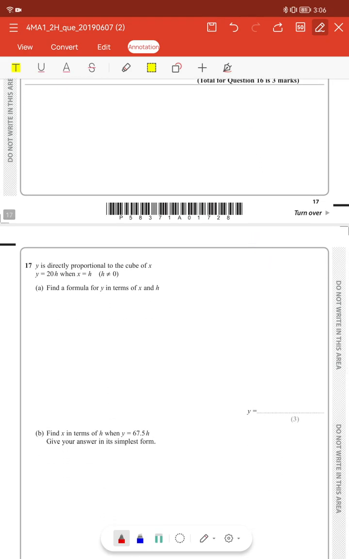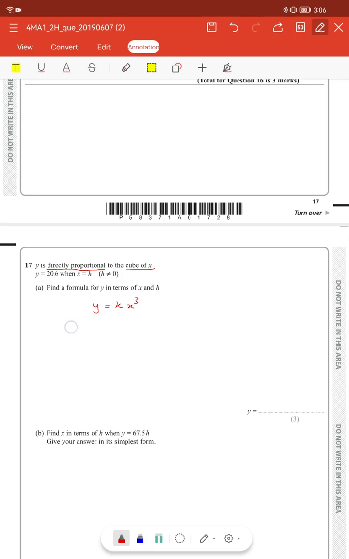Y is directly proportional to the cube of x. That means y equals kx cubed. Y equals 20h when x equals h. Find the formula for y and x in terms of h.